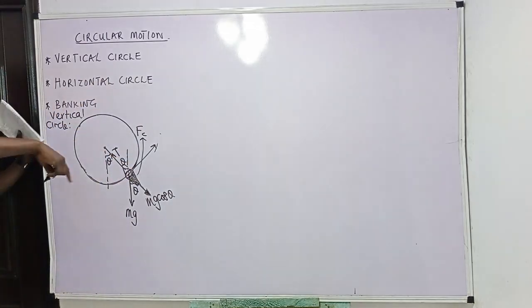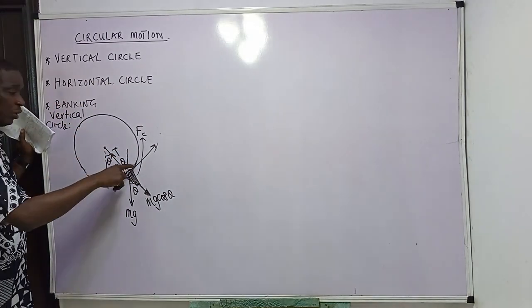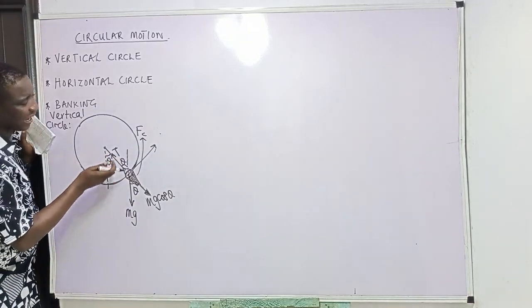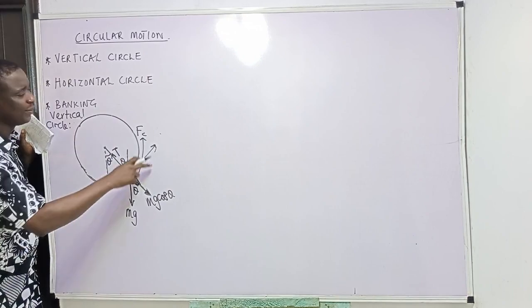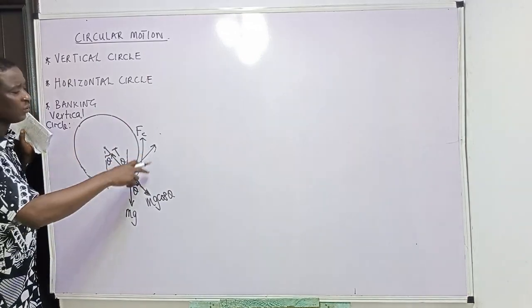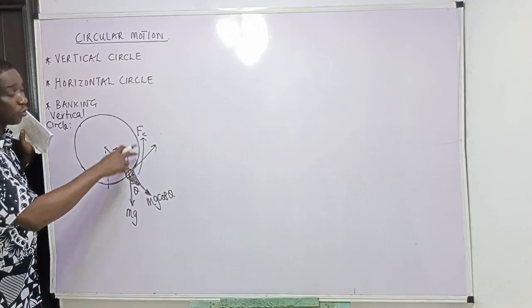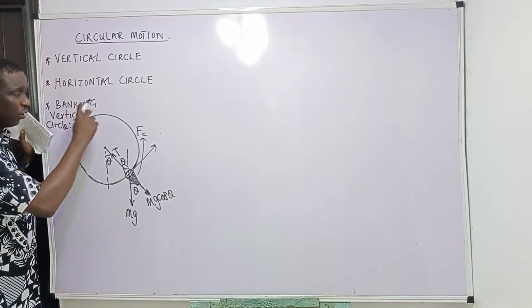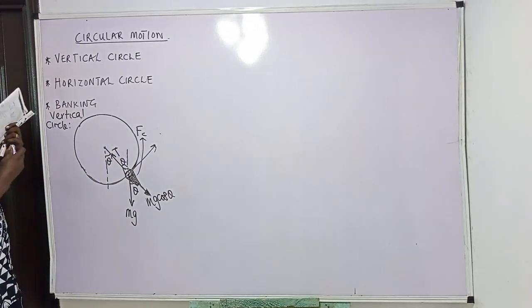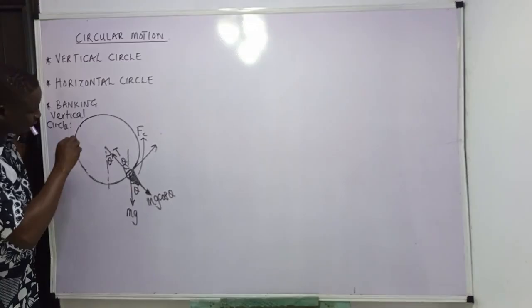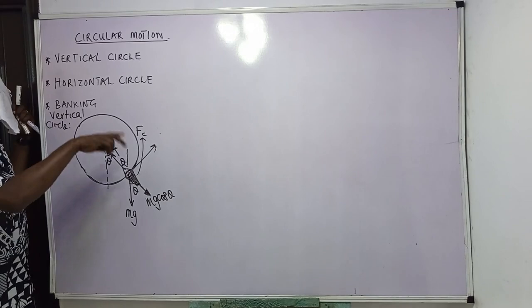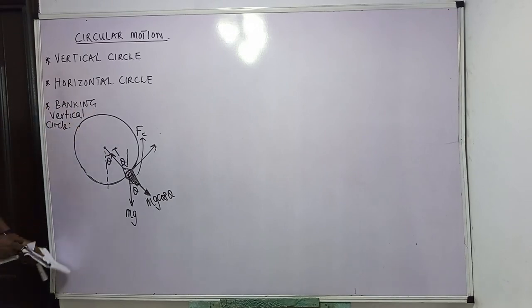As I explained before, it acts through the center and enables the body to move with an acceleration around. And don't forget, for a body to move around the circle, the speed must be constant. This is uniform circular motion that helps the body to accelerate round the circle.